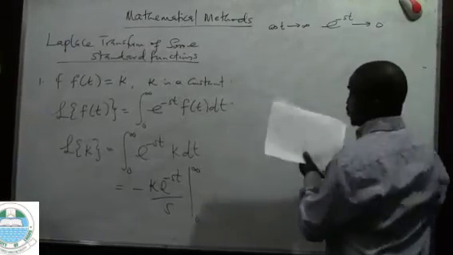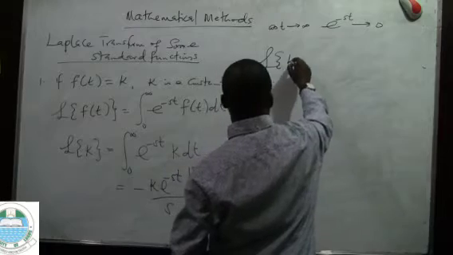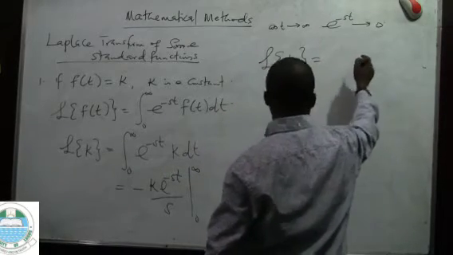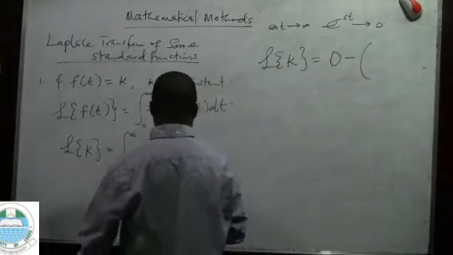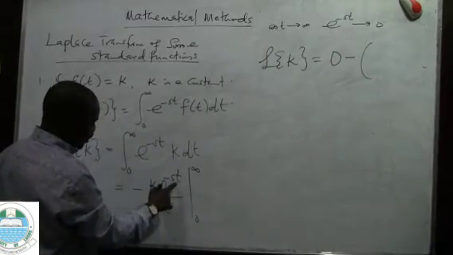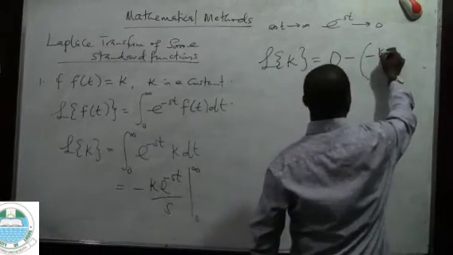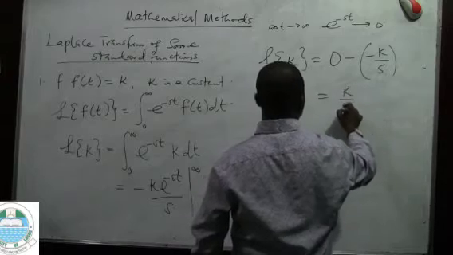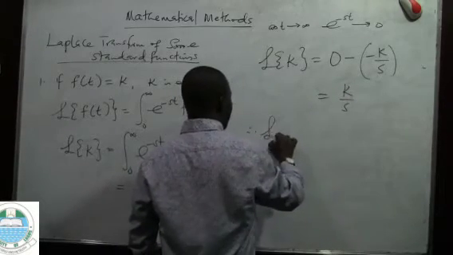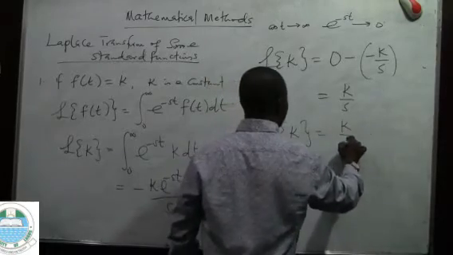So the Laplace of k becomes 0 minus, now substitute 0 for t. Exponential 0 is 1, and we are left with minus k divided by s, which eventually becomes k over s. Therefore, the Laplace of k equals k divided by s.